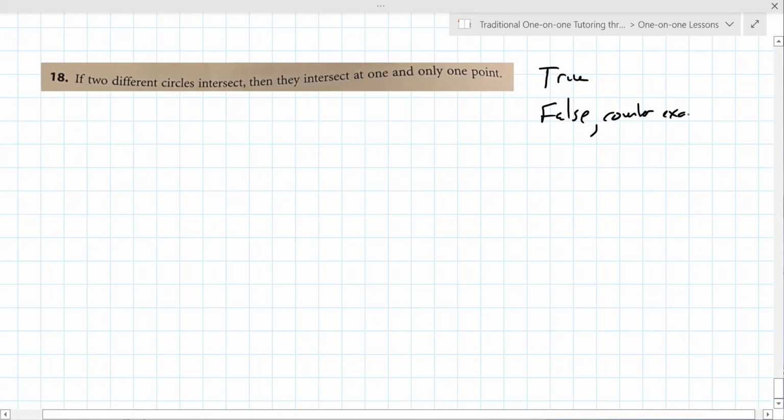What you have to be really careful of is when it says exactly or one and only one, it's either zero or more than one that you're looking for. But because they intersect, you need to show two different circles that intersect more than one time.